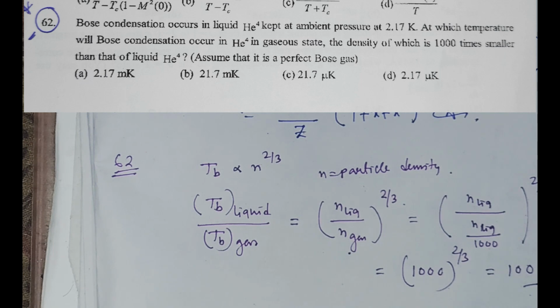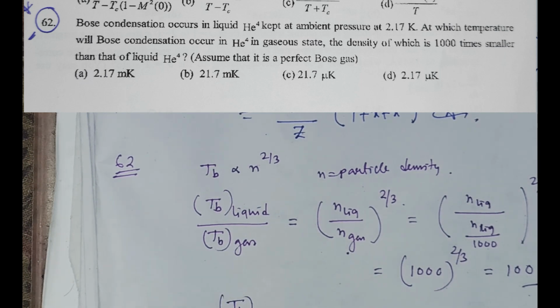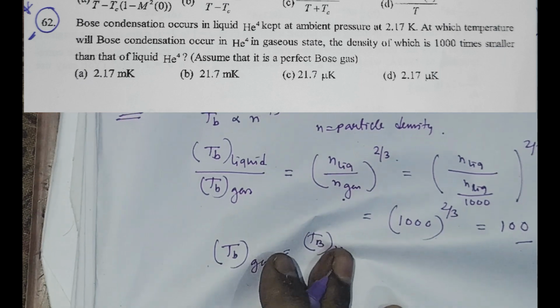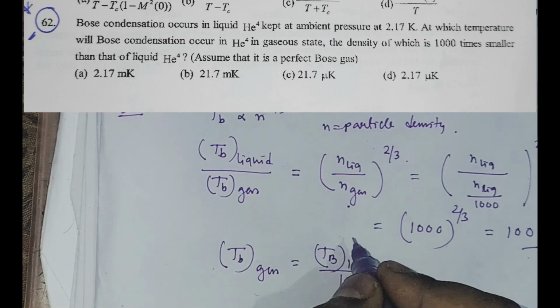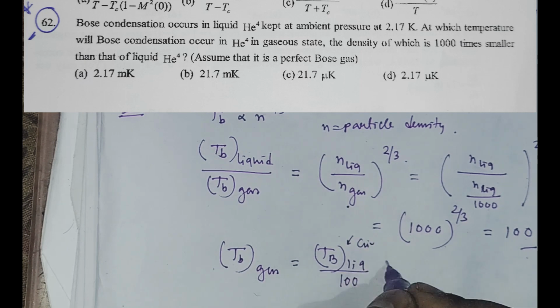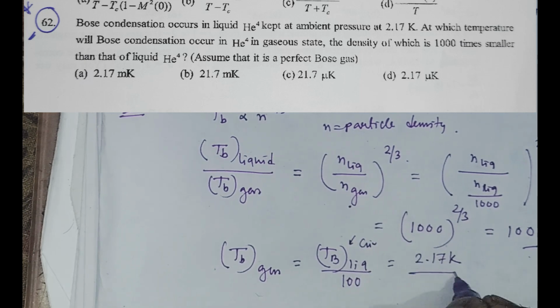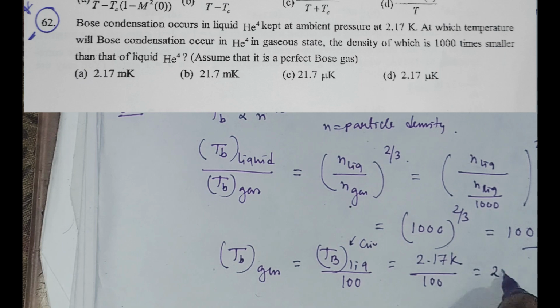Now TB gas equal to TB liquid by 100, and this is given, so 2.17 K by 100 equal to 21.7 millikelvin.